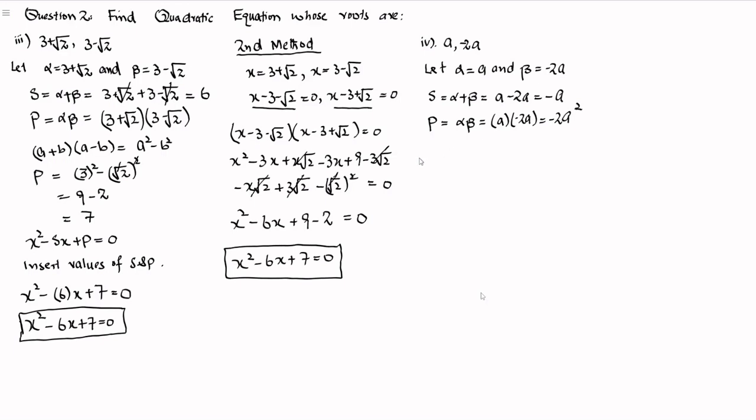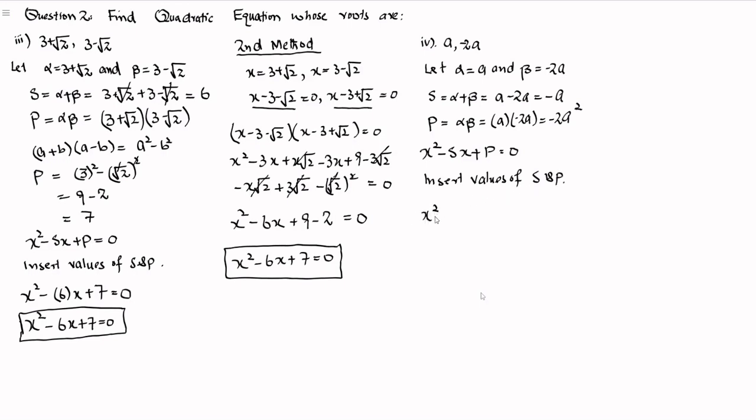Now when the sum and product of the roots are given, then the quadratic equation is x square minus sx plus p is equal to 0. Insert the values of s and p.